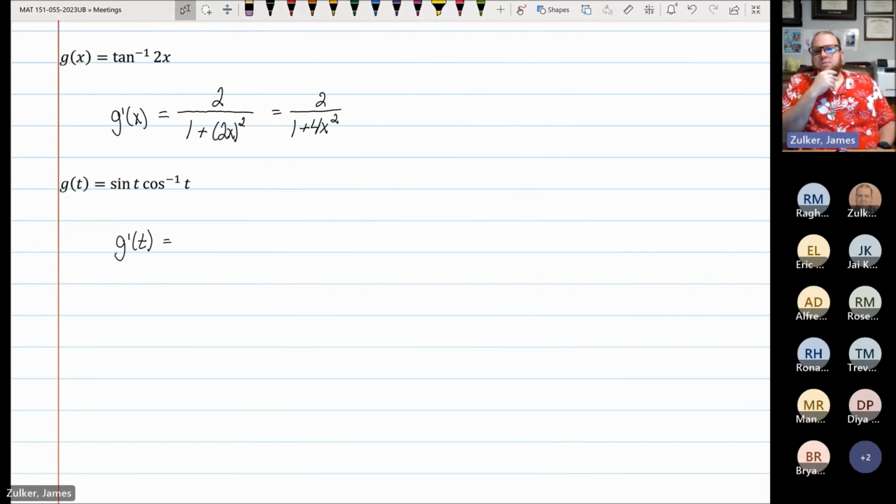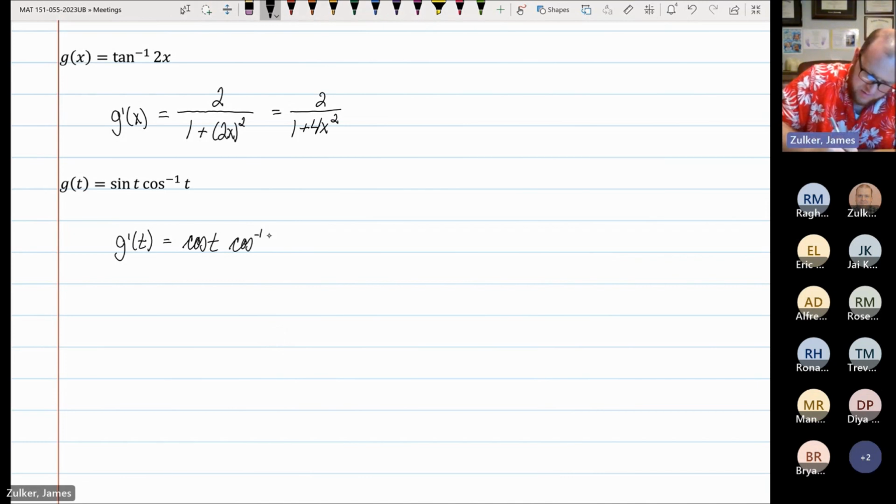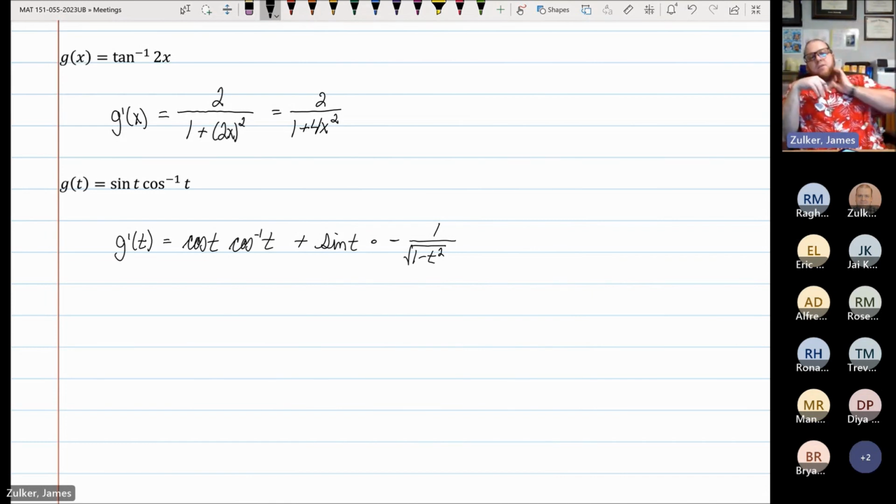Here we're working with a product. Second times the derivative of the first. Plus first times the derivative of the second, right? And that second function is inverse cosine. Right, negative u prime over the square root of 1 minus u squared.